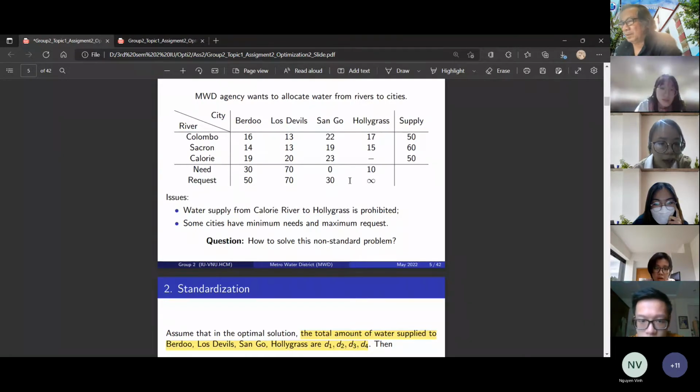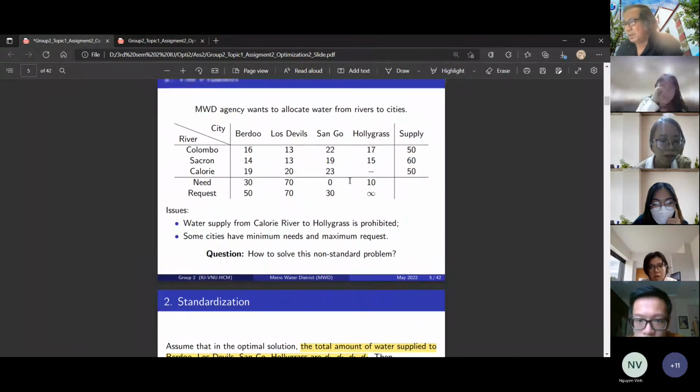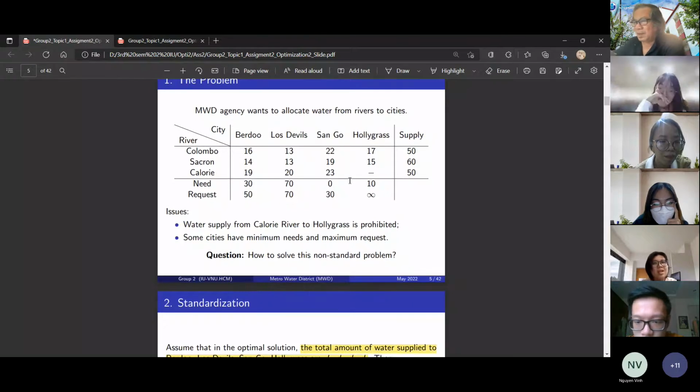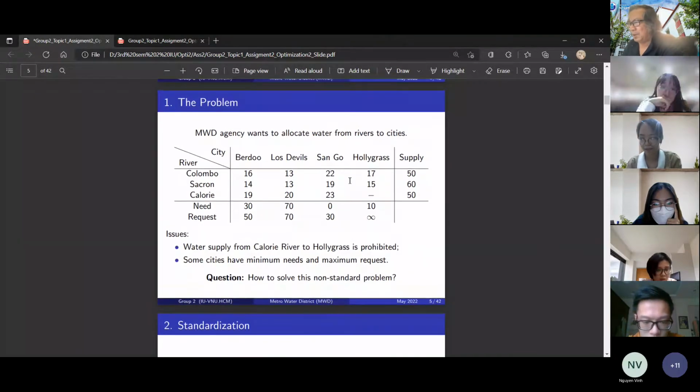Just a moment. Move the cursor outside, since you cover a lot of things. So what is the D1 here?